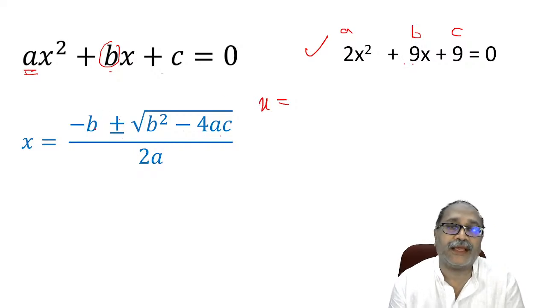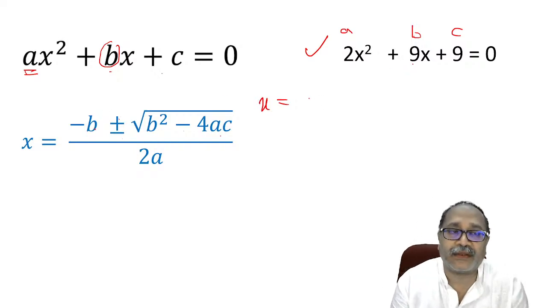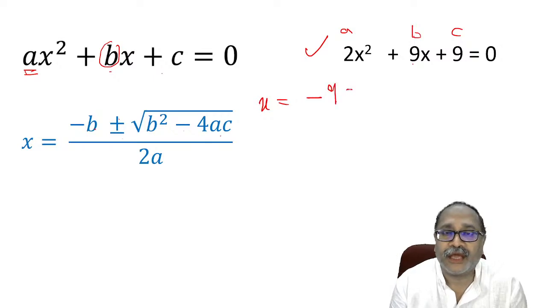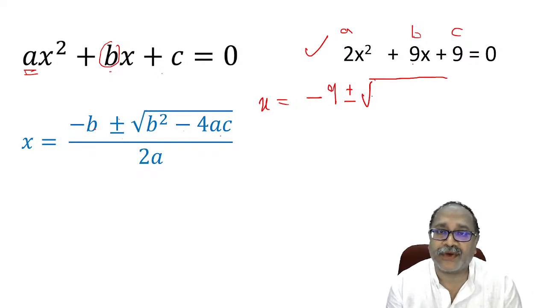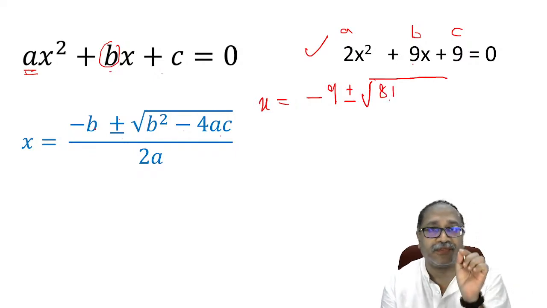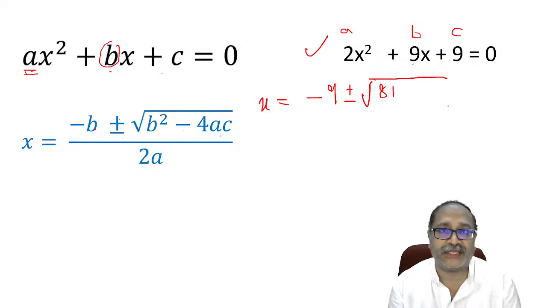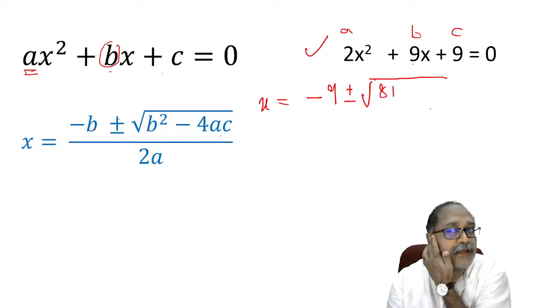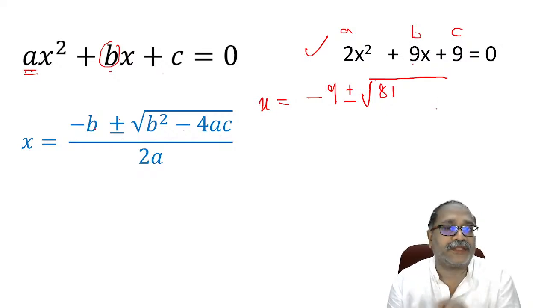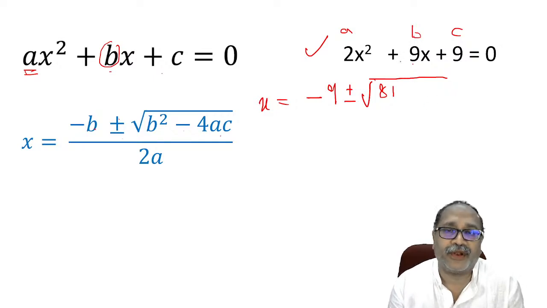What is b here? It's 9, so minus 9, plus or minus square root of b square, that's 9 square, which is 81. I am doing it with the formula, then later on we will change it. All of you know, when we are appearing for bank exams, we don't follow this method, but allow me to solve at least one question with the formula.